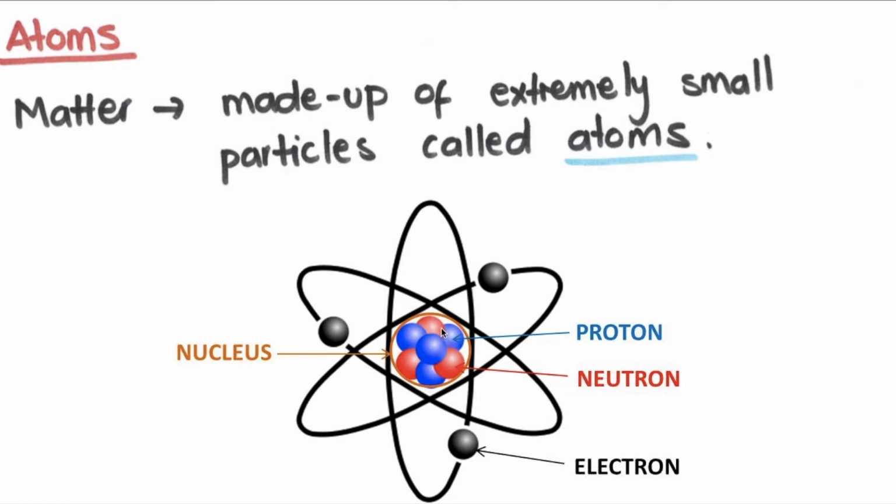And basically, each element of the periodic table has a unique atom with a unique amount of matter. So I want to show you what is the matter in here. The matter of an atom is made up of mainly the nucleus that is here in the center, and that has protons and neutrons. You don't have to memorize all these words. I'm just trying to explain what it means.